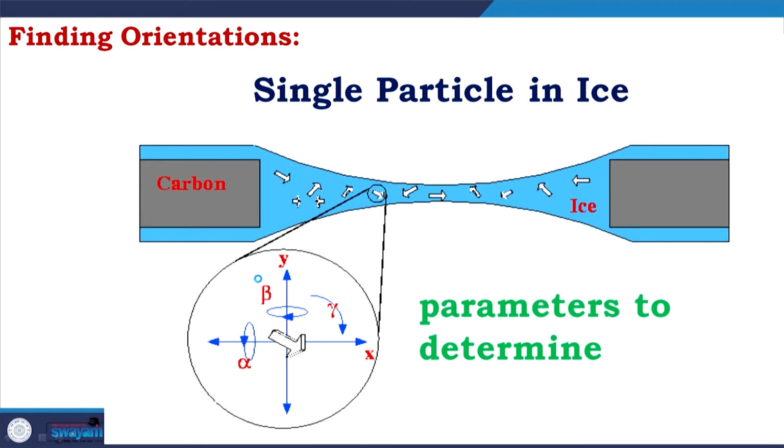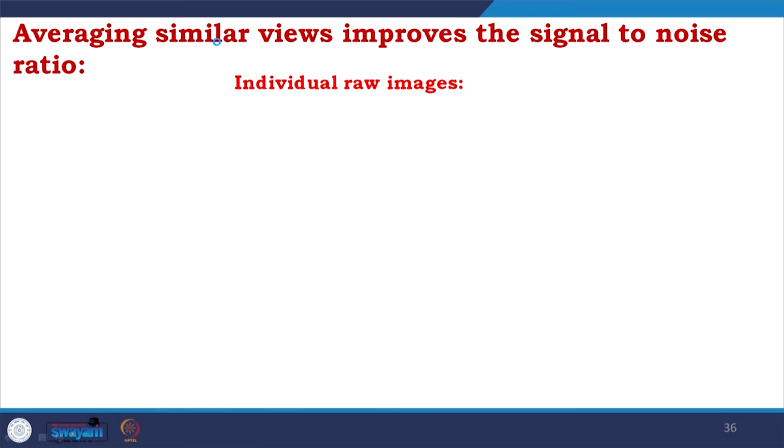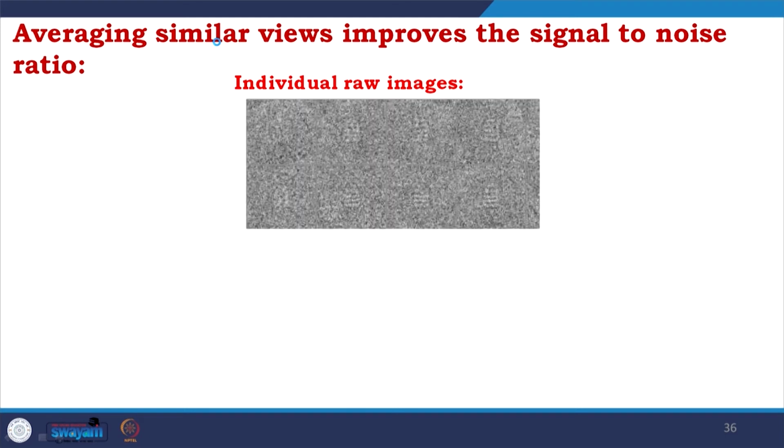Also, you have to find the orientations. If you see, you have the carbon base, you have the vitrified ice, and the particles are in different orientations. You need the parameters to determine those orientations. This would be the key here. Also, if you average similar views, you improve the signal. So, these are the individual raw images. You could see something here, but they are at very low resolution.